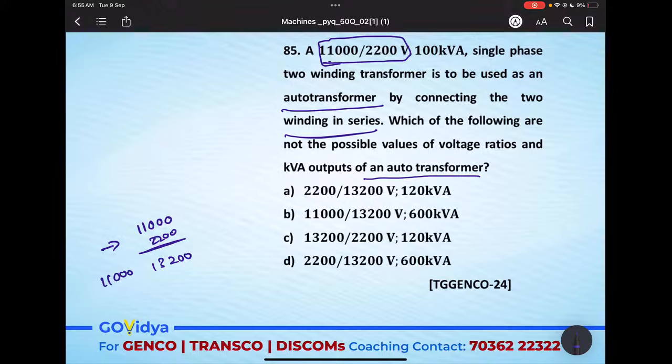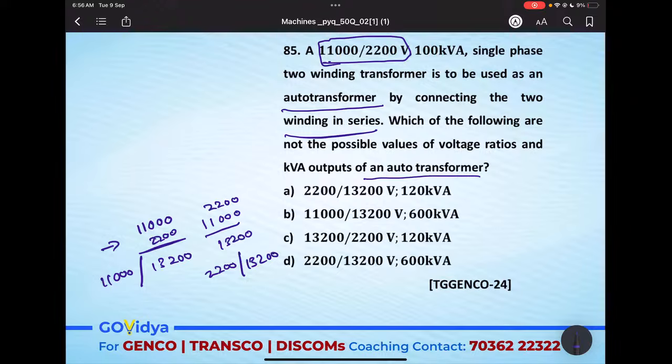So one possibility is 11,000 divided by 13,200. If you make 2200 the common voltage, then adding 11,000 it will be 13,200. So the other possible ratio is 2,200 divided by 13,200.